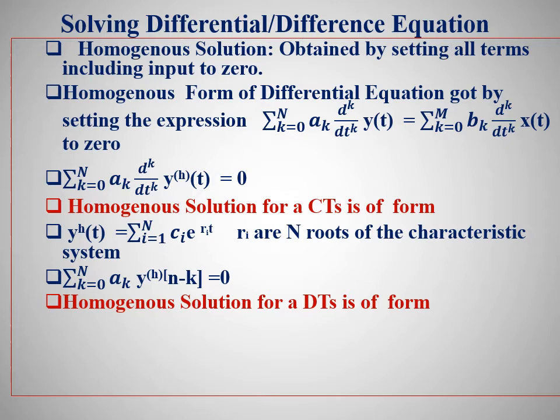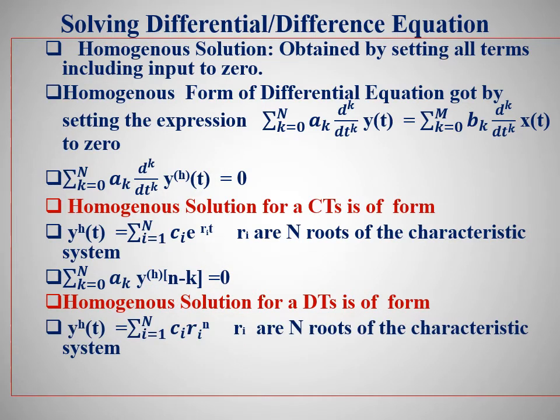In order to get the homogeneous solution for a discrete time system, we need to equate summation k equal to 0 to n of a k y h of n minus k to 0. So what would be the solution? The solution would be represented as y h of n equal to summation i equal to 1 to n of c i r i power n, where r i are the n roots of the characteristic equation.